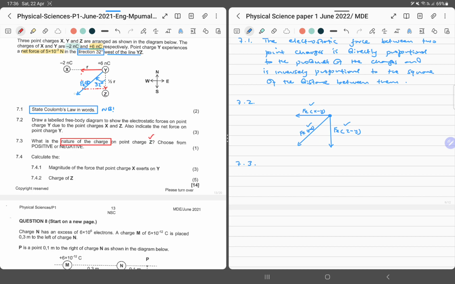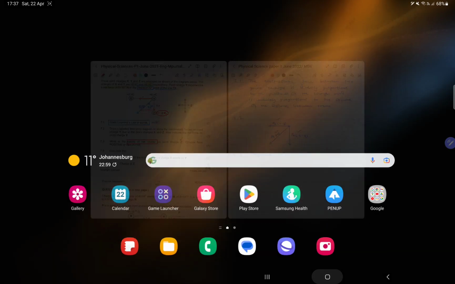Remember, for the resultant force to go in that direction, Z has to be applying a force towards itself on that point charge Y. And the only way that force can go that way is if this is negative, because opposites attract. So the answer is, it is negative. Easy mark there.